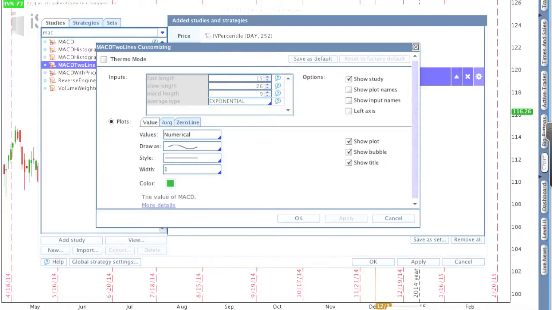Then I'll explain what these different lengths mean. The slow length is currently at 26, and I'm just going to even that out a little more to about 30. So here's what they mean. With MACD, basically what you're looking at is 2 different moving averages: a faster moving average, which in this case is about 15 days, and a slower moving average, which is 30 days.